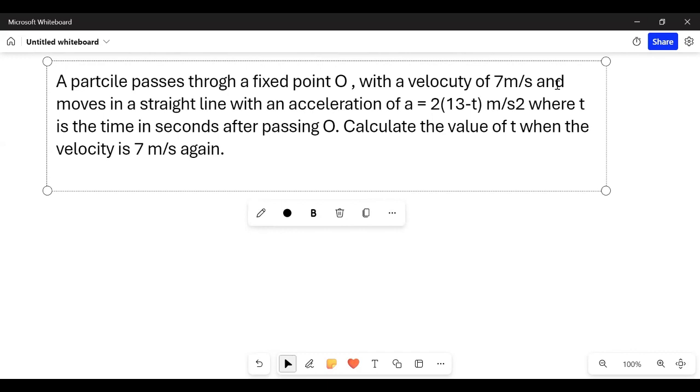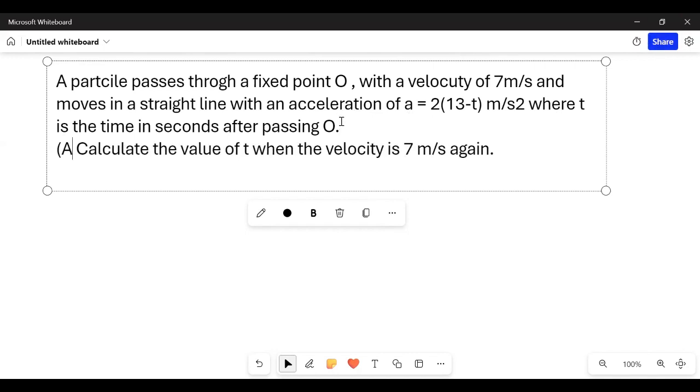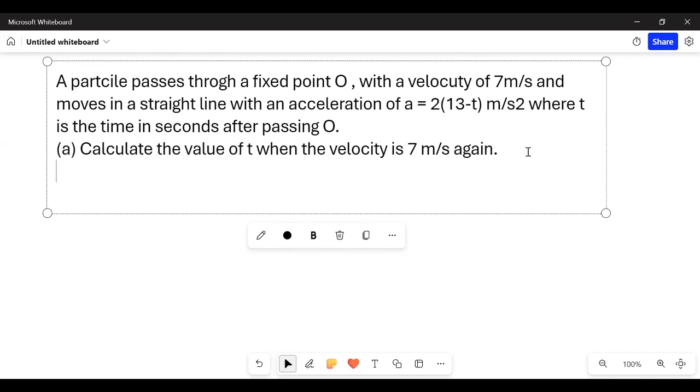Okay, here's the question. Okay, that was part A. Part B is the position of the particle at this instant.